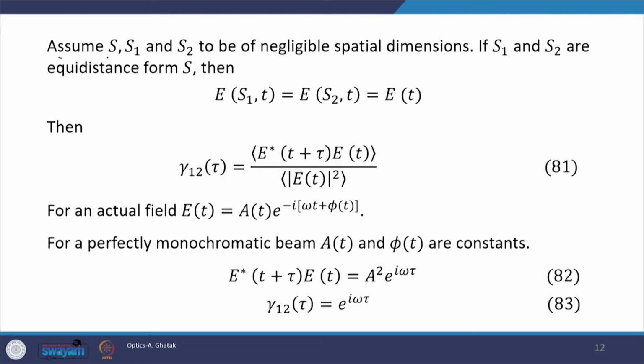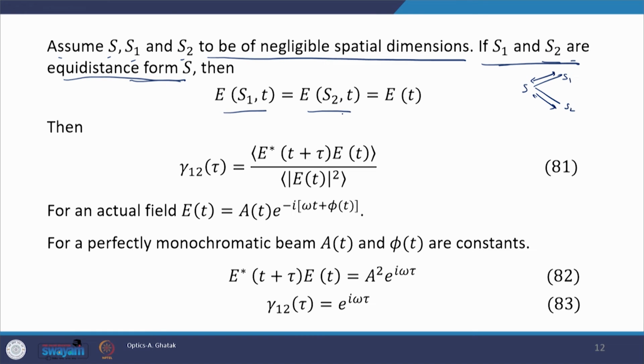Now assume that S, S1 and S2 are of negligible spatial dimension, that they are point sources. If S1 and S2 are equidistant from S, and from S, S1 and S2 are being generated, and if these distances are the same, then E(S1, t) would be equal to E(S2, t), because the sources S1 and S2 generated from S will receive the same field, the same amplitude.